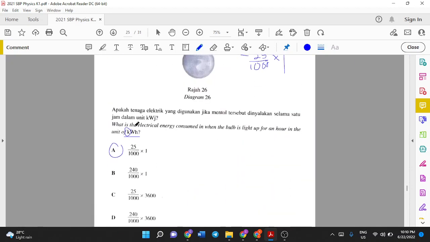But in this question, this is no longer our SI unit. It simply wants another unit, which is not our SI unit, which is kilowatt hour. So take note that here, this is the power, and this is the time. Okay, so basically they are the same thing, just that one is in second, one is in hour, and one is in watt, this is in kilowatt. They are the same thing.